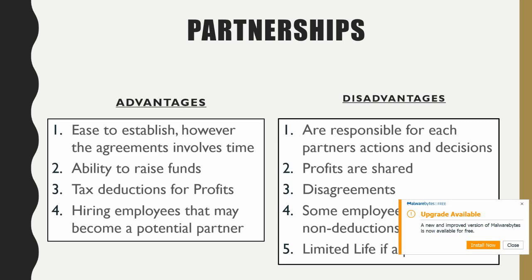And not everybody is very happy about that, because they want to take all the money for themselves. As you add more partners, the less profit you are going to be making. And unfortunately, you have to share your profits.